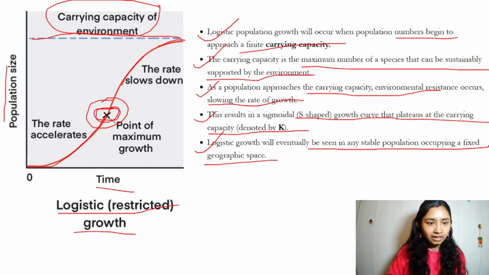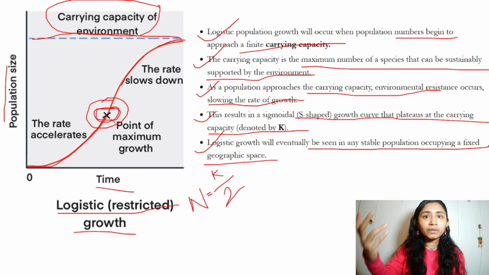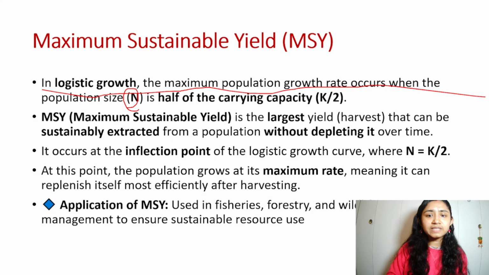The graph is low, and the graph is highest here at this point. So when your population size is half of the carrying capacity, when N is K divided by 2, then you get the maximum growth of the population. That's known as maximum sustainable yield. So MSY, or maximum sustainable yield, is the largest harvest that can be sustainably extracted from a population without depleting it over time.